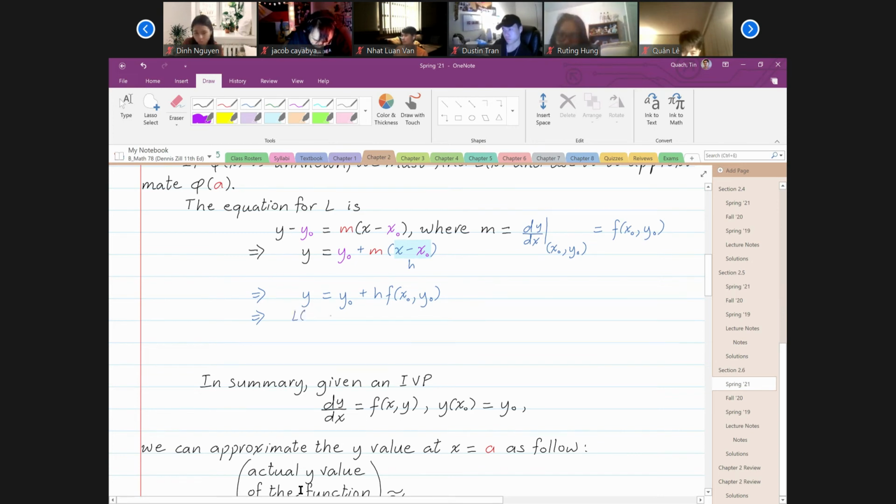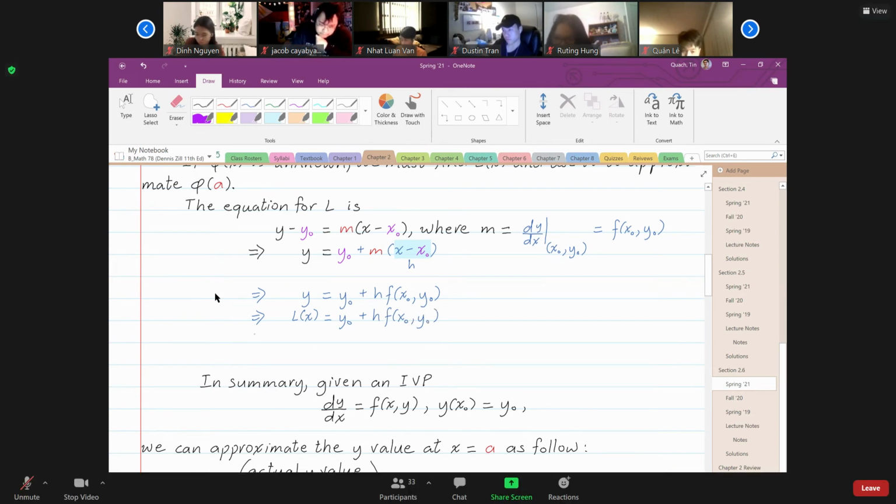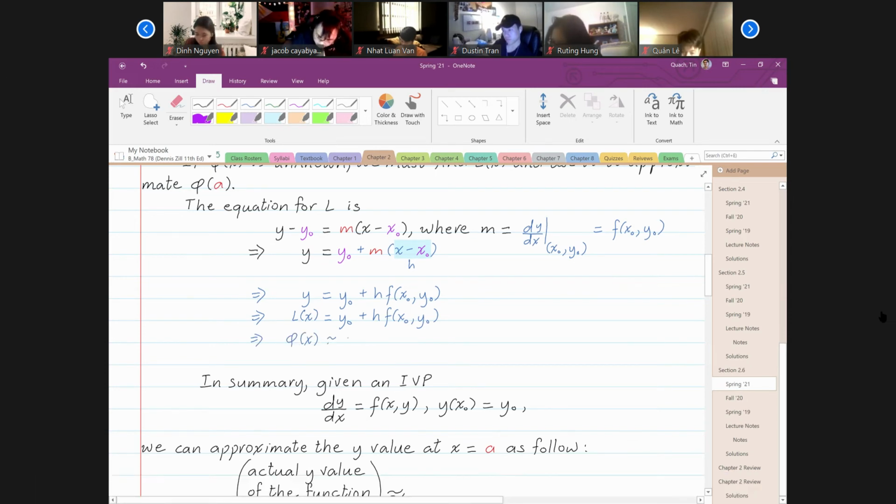So that is the linear function representing the tangent line. Okay, so once you have that, then you say phi of x is approximately equal to L of x. Okay, so that's how you approximate.